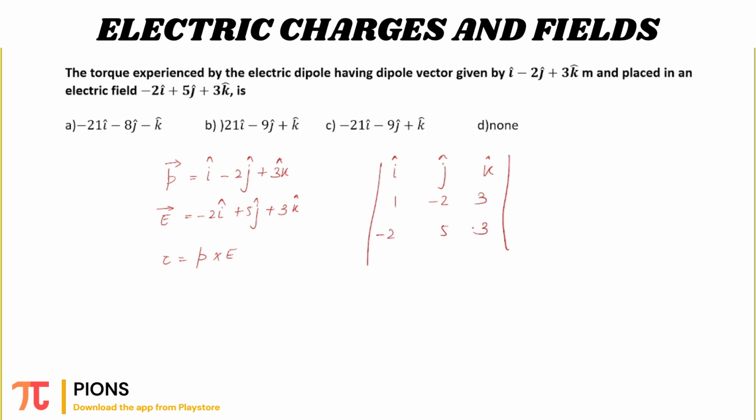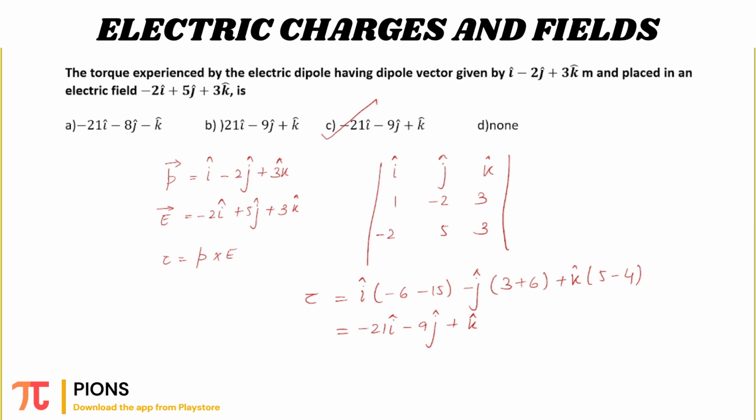So this will be i cap into 3 2s are minus 6 and minus 15, minus j cap into 3 and plus 6, plus k cap into 5 and minus 4. So this will be minus 21 i cap, minus 9 j cap and plus k cap. That's option C.